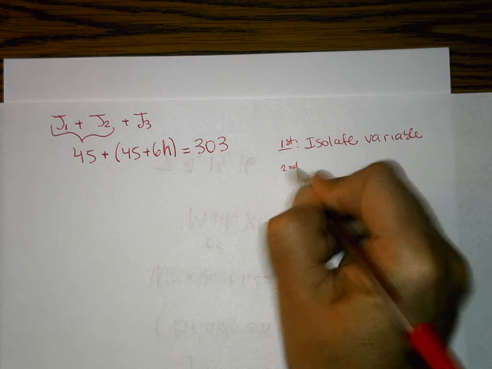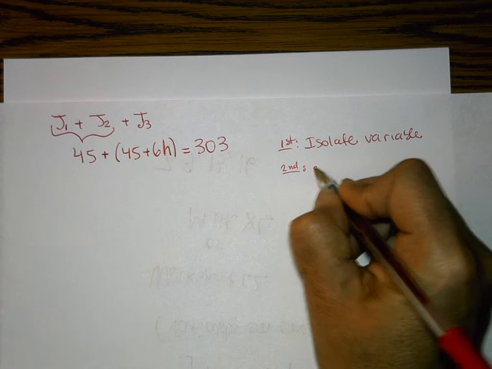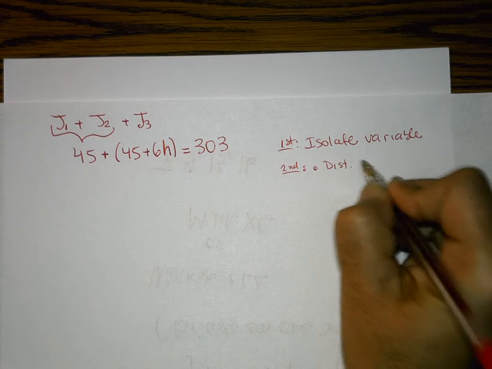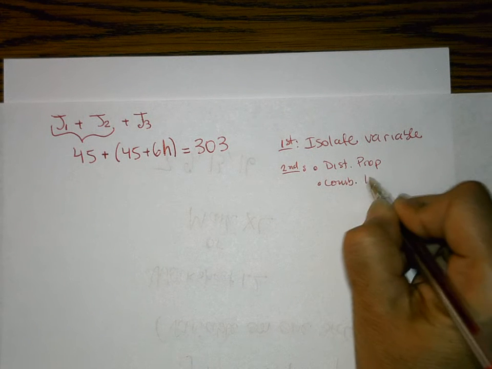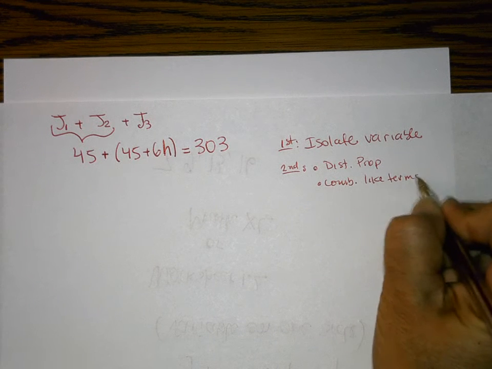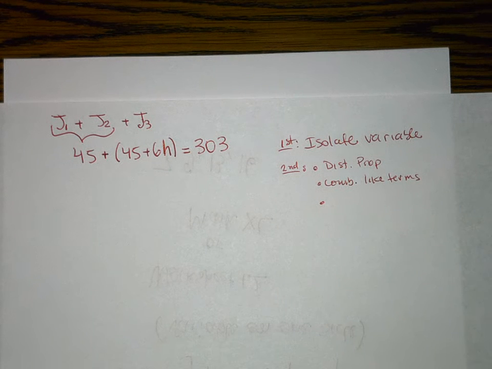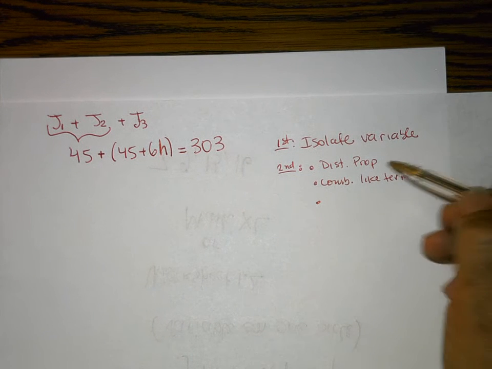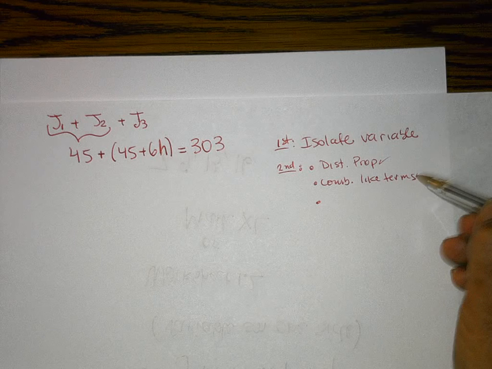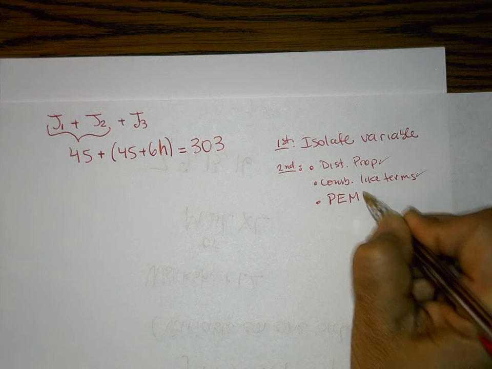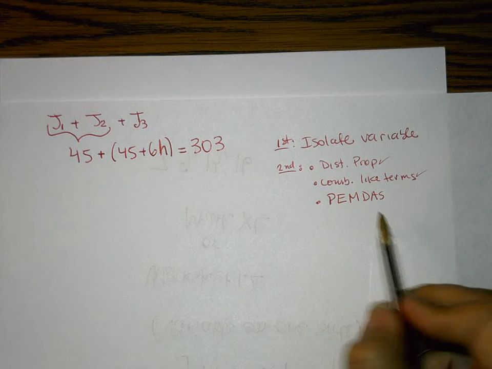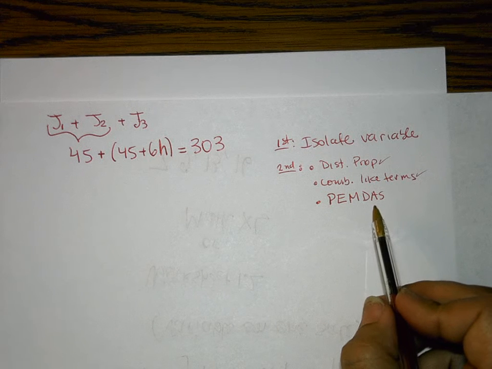The second thing we need to remember is the skills we use: the distributive property, combine like terms, or something we learned a long time ago, which is PEMDAS, the order of operations, to solve an equation.